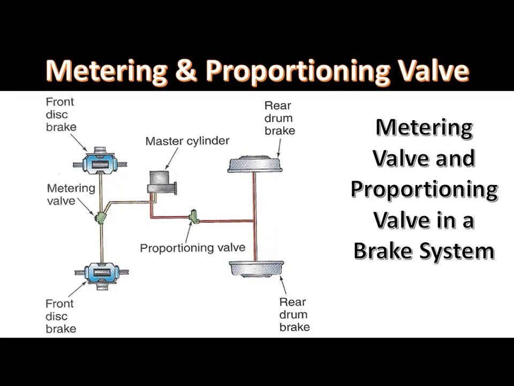To provide maximum braking, equal friction must be maintained between the front and rear tires and the road surface. During a brake application, the proportioning valve modulates pressure to the rear brakes to prevent rear wheel lockup. The proportioning valves may be integral in the master cylinder or they may be external to the master cylinder.